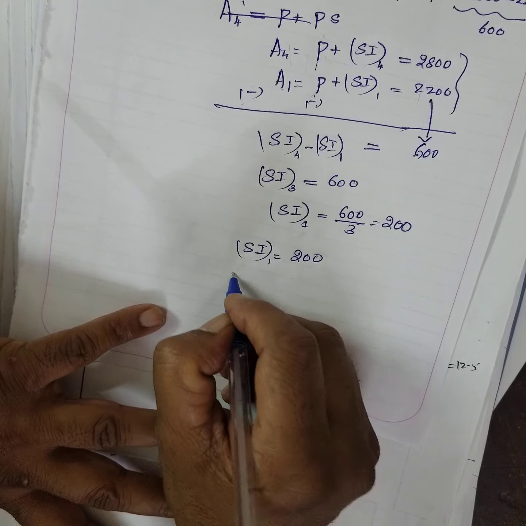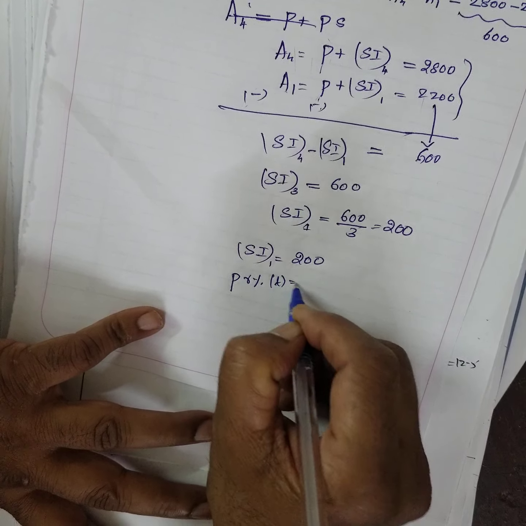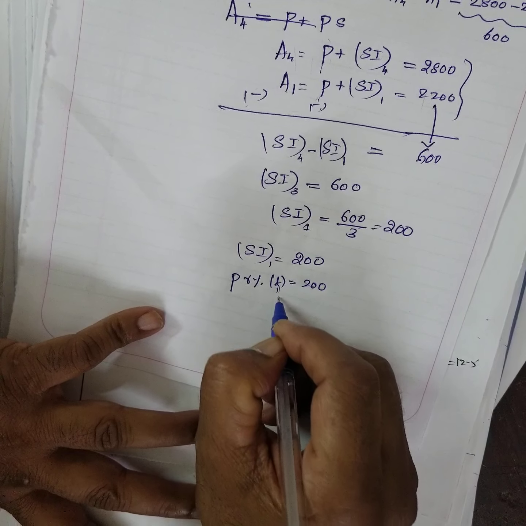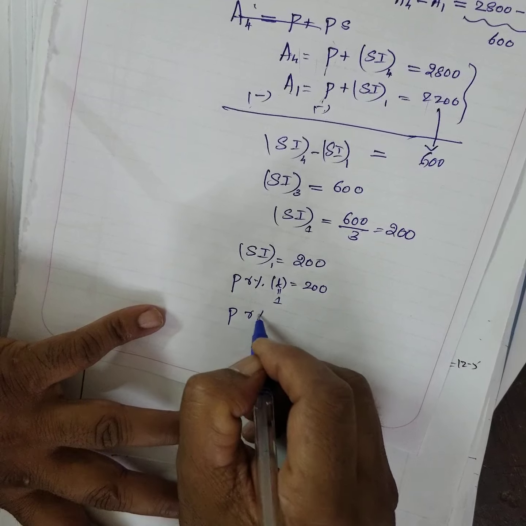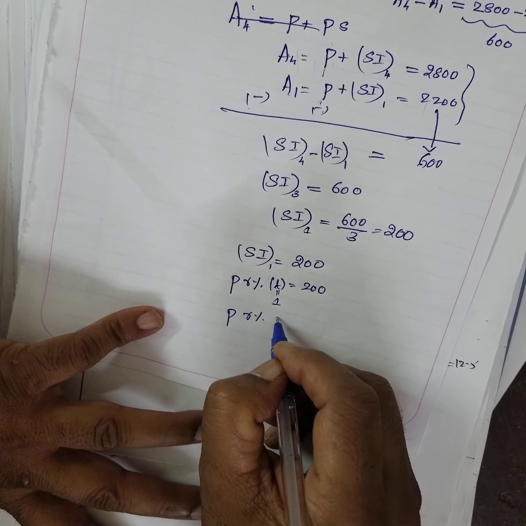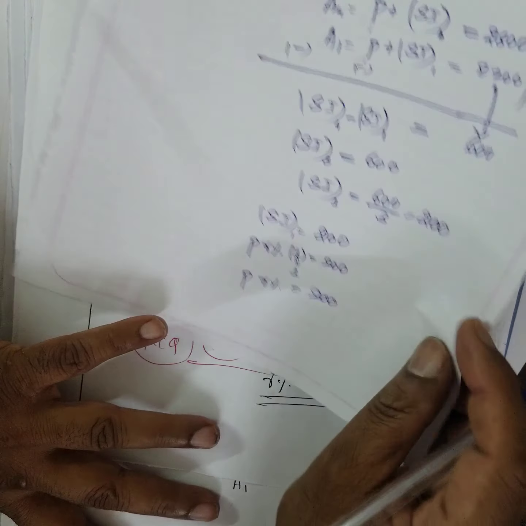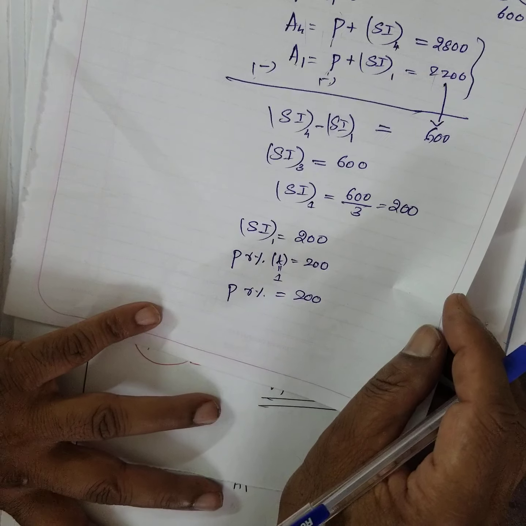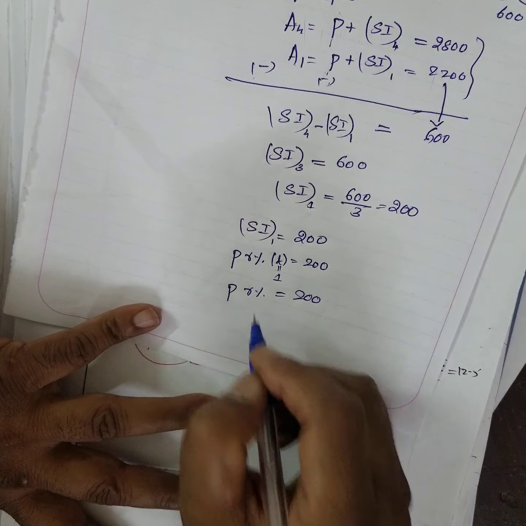That means simple interest is principal, rate of interest and time equal to 200. Time is 1 year, is it not? Therefore, principal into rate of interest is equal to 200. Okay.